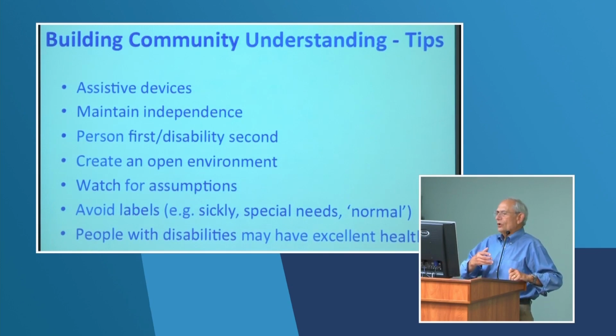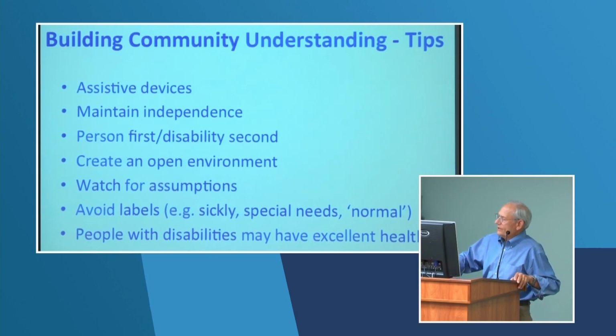Now, when they have assistive devices, don't separate them from their assistive device unless you have to. Don't remove their assistive device, like a crutch, from where they are. Pretty hard to use it.